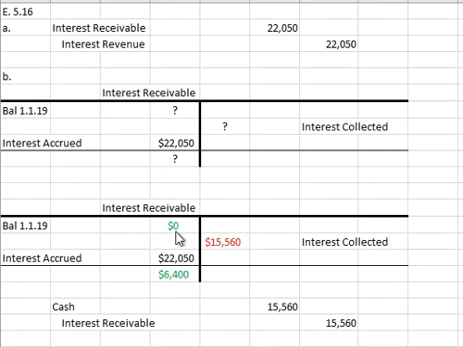Down here, I've recopied it and put in some numbers. I've said, what if we started out with 0 in interest receivable, and then we wound up with 6,400? Well, then we can take this 22,050 that we already know and subtract out that 6,400, and we get the interest collected, which is 15,650.